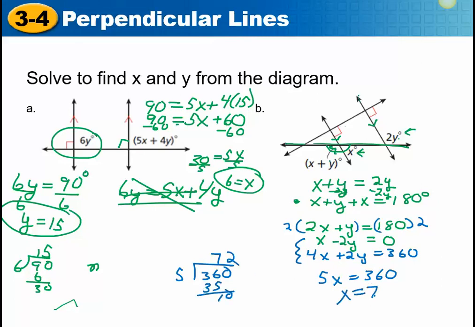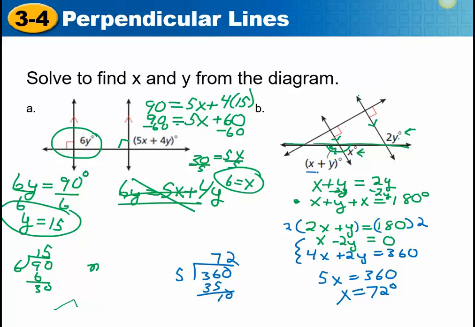Now, does that number make sense? Yeah, because that's x degrees, so that's an okay thing. Now we have to plug that back into one of our expressions to figure out what the other one is. What would be the best one? How about this one?